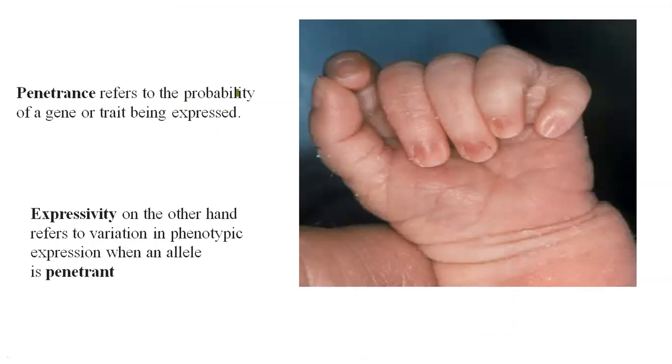Penetrance is the probability of a gene or trait being expressed, while expressivity is the variation in phenotypic expression when the allele is fully penetrant. An example is polydactyly. Look at the fingers. So 1, 2, 3, 4, 5, and 6 fingers. Polydactyly. Poly means many. Dactyly means fingers. So many fingers are there.